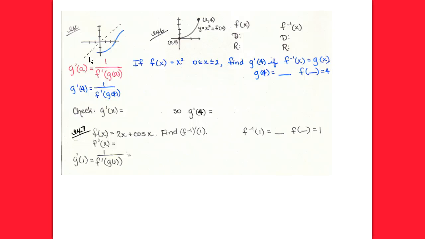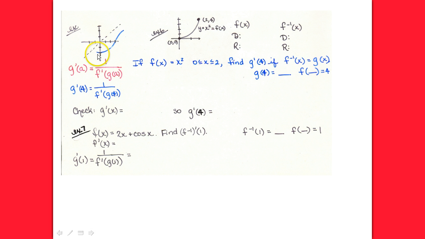So remember we said that the ordered pair on the original gets flipped for the inverse, right? Here's what I could do. I could identify for myself as many points as I needed. Like I could come over here and say, okay, this is the point 3, 0. So if it's 3, 0 on the original, what is it on the inverse? 0, 3, right.